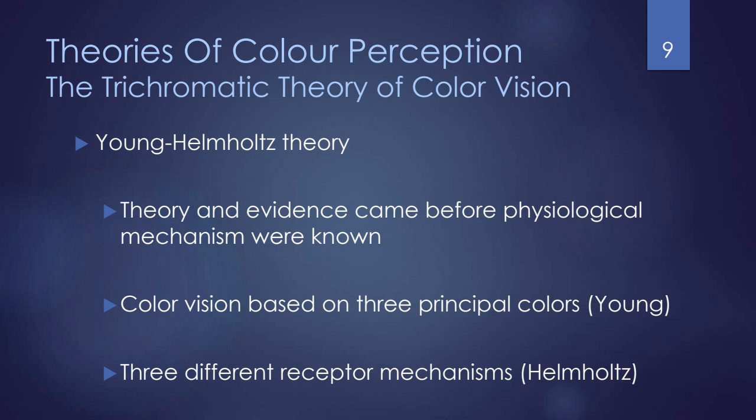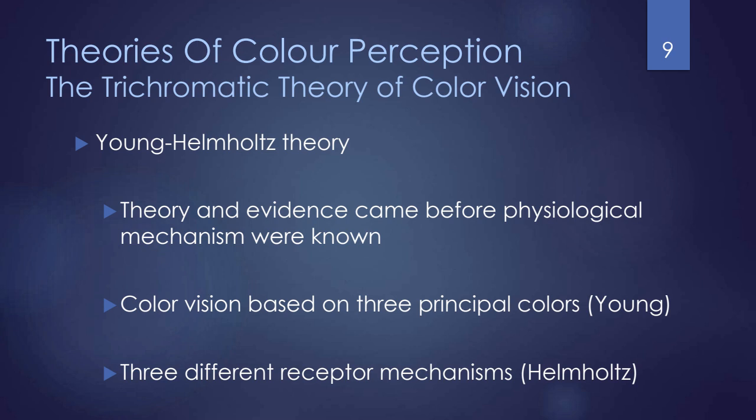Young's contribution was proposing that color perception is based on 3 principal colors, but he didn't do any actual experiments. Helmholtz's contribution was really extending Young's proposal and then suggesting that there were 3 receptor mechanisms ultimately underlying color perception. So Helmholtz did the experiments, and there's also another key player in the trichromatic theory saga.